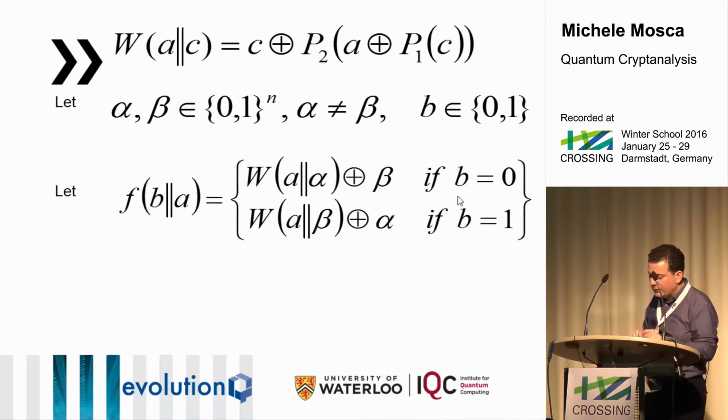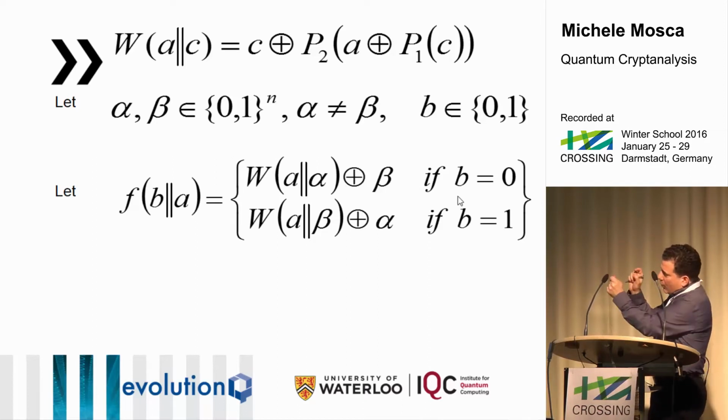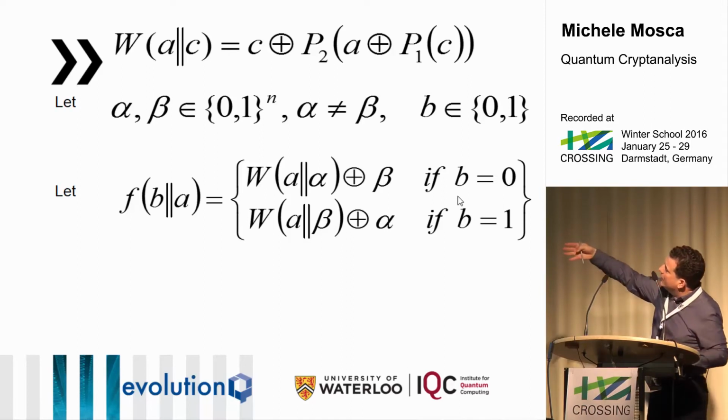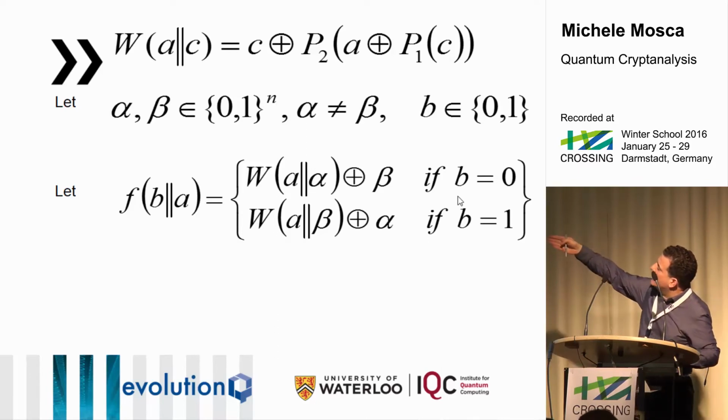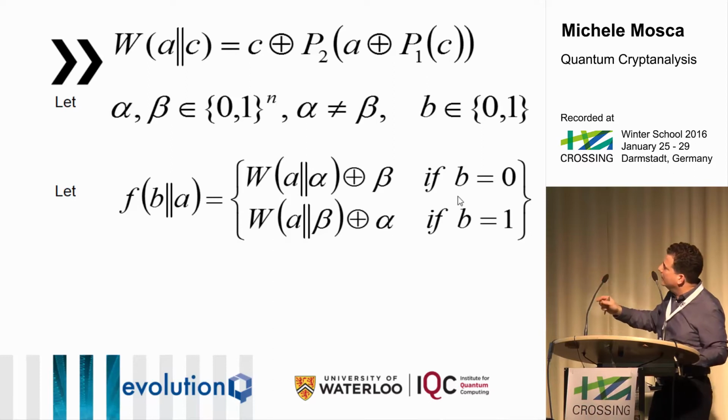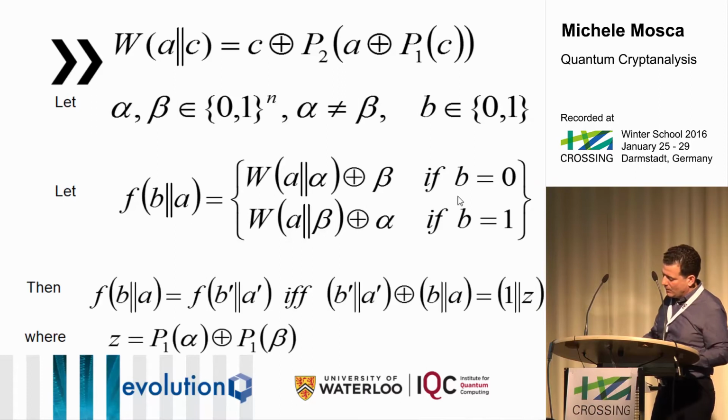And then they define this function, which is an n plus 1 bit function. So f takes that 1 bit b and an n-bit string a, and it outputs either W at a concatenated with alpha, and then XOR beta, if b is 0, or W at a concatenated with beta, XOR alpha, if b is 1. So if b is 0, it outputs the top, b is 1, it outputs the bottom.